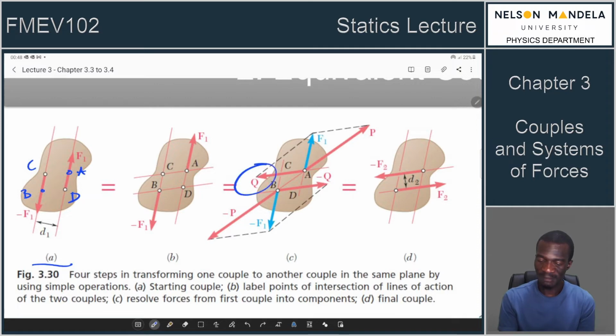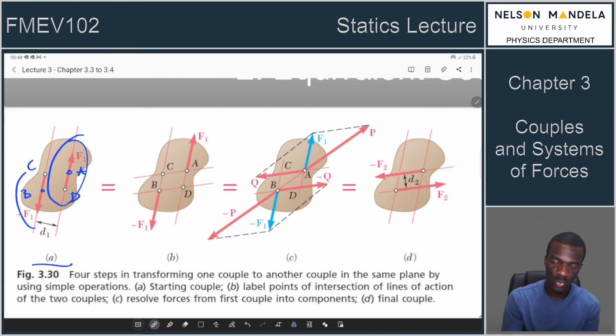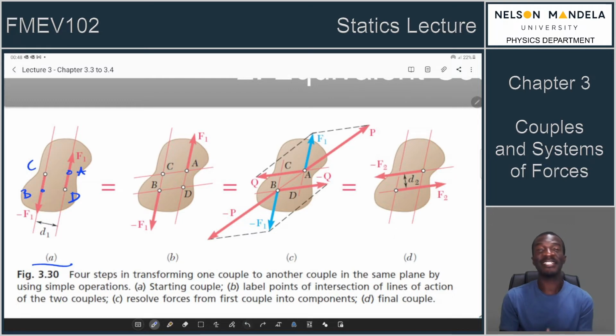If you then replace Q with minus F2 and you replace minus Q with F2, you end up having an equivalent couple. You end up having a system that was made from the first two forces but is oriented in a different direction on the same plane.